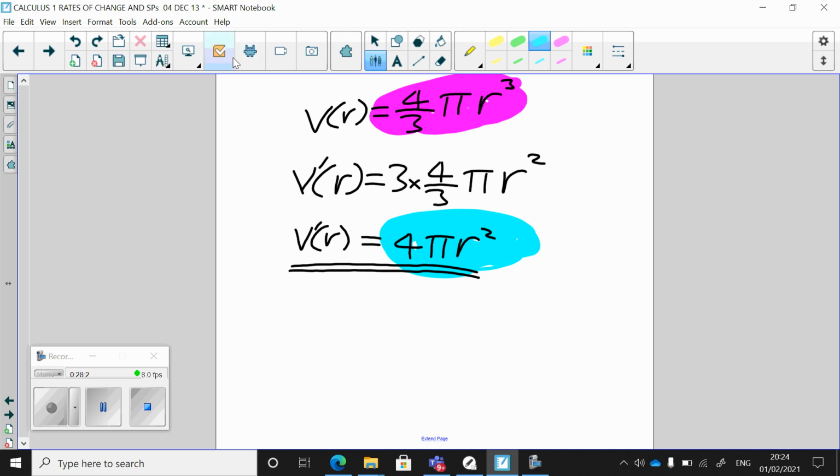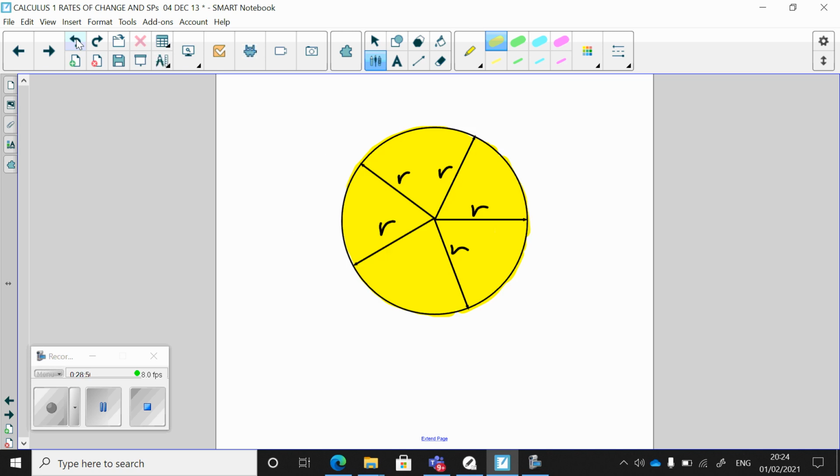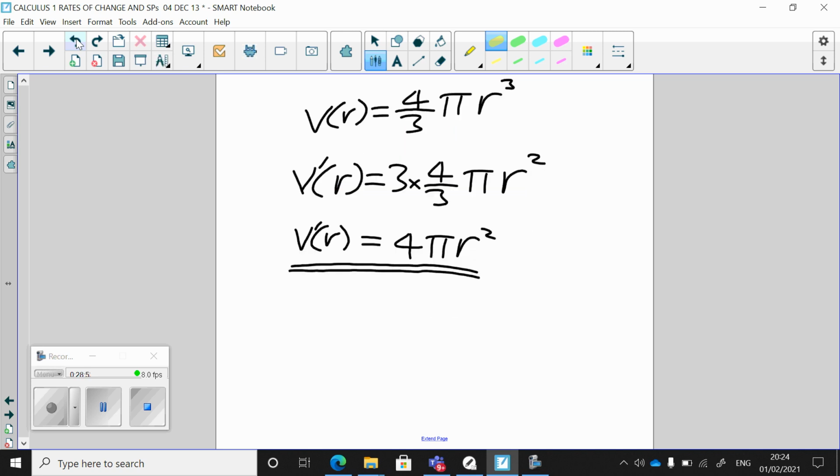So we have actually gone, I don't know if it's apparent, so volume, you might think volume is 3 dimensions, we have gone down to 2 dimensions. So we actually went from volume of a sphere down to the surface area of a sphere. Don't have any bad dreams about that. That is fine. So I'm going to finish that one there, folks.